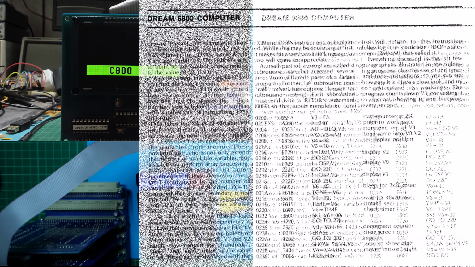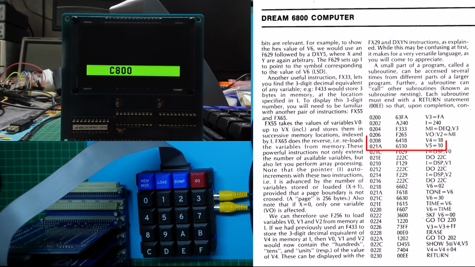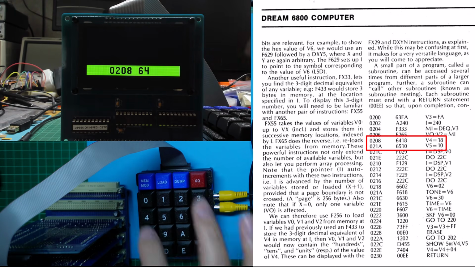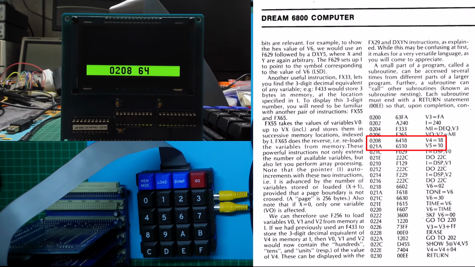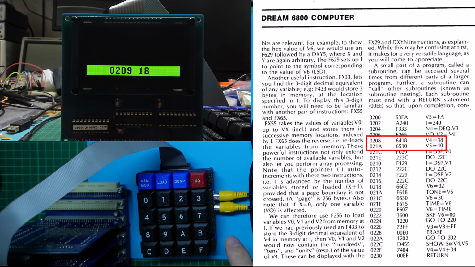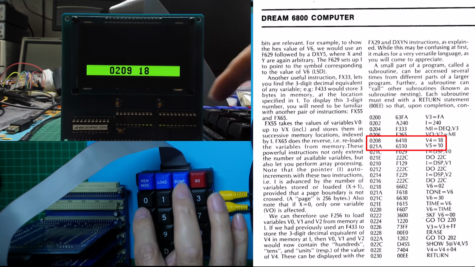So let's do that. At address 0208, we have variable 4 being set to 18 hex, which is the horizontal position. So if we double that, we'll be at 30. So let's go 18 and we'll change that to 30.